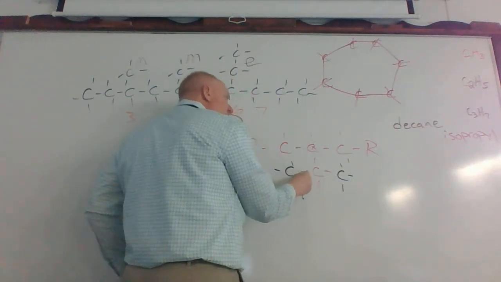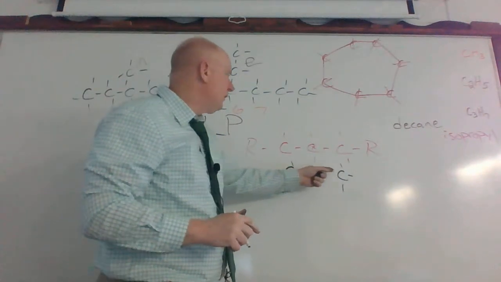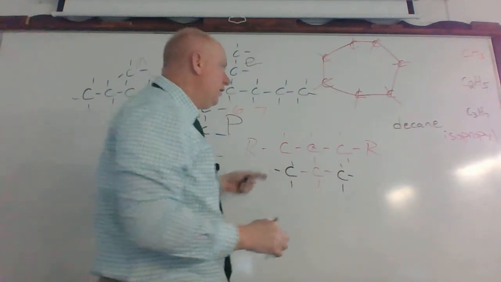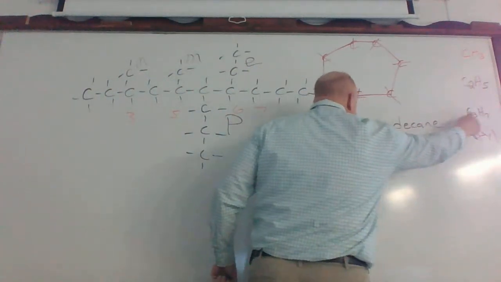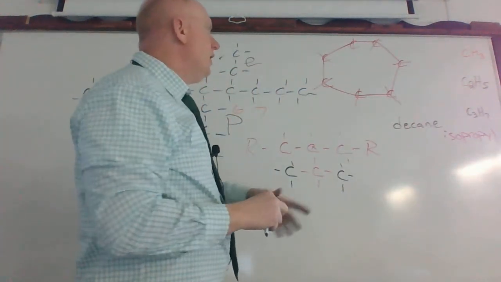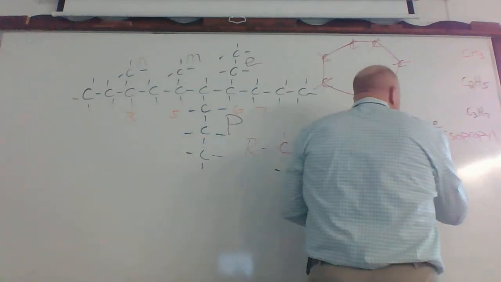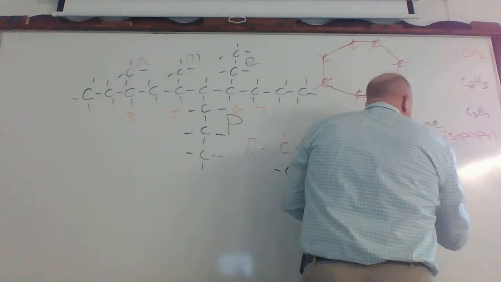What is the molecular formula for isopropyl? How many carbons? Okay, just like this for propyl, how many hydrogens are there? There's still 7. So what that means is a propyl group, this is where that X marks the spot.